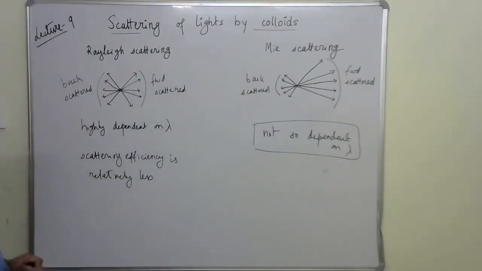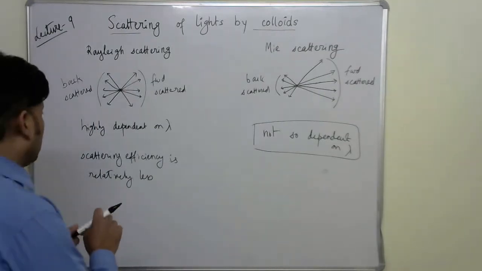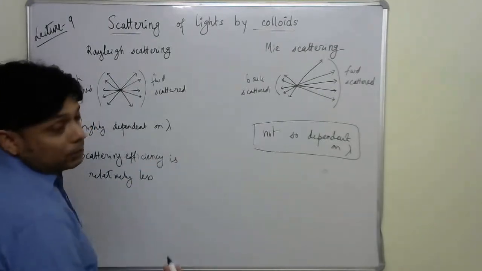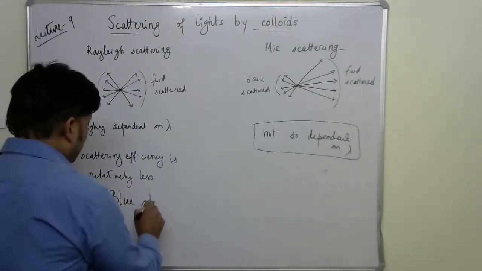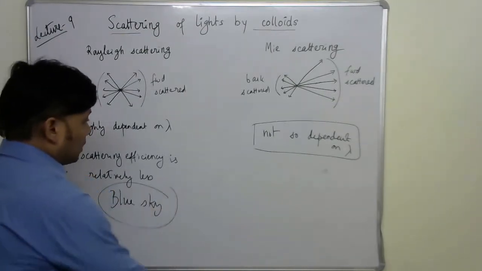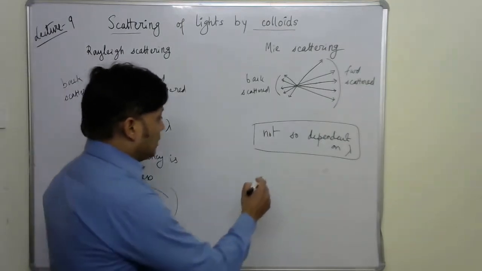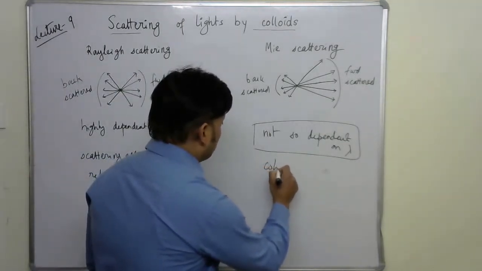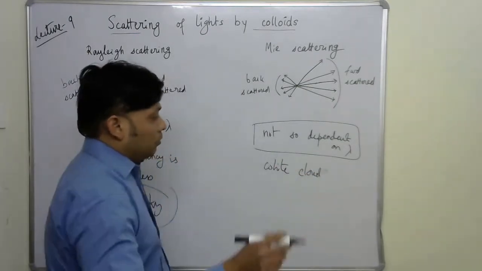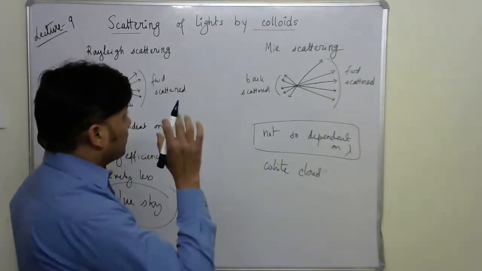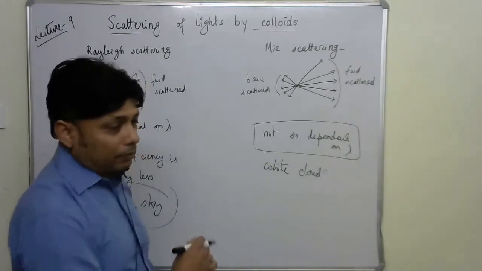So we can take two classical examples. The blue sky is the example of Rayleigh scattering, but the white nature of the cloud, or the white glare around the sun, appears due to Mie scattering.